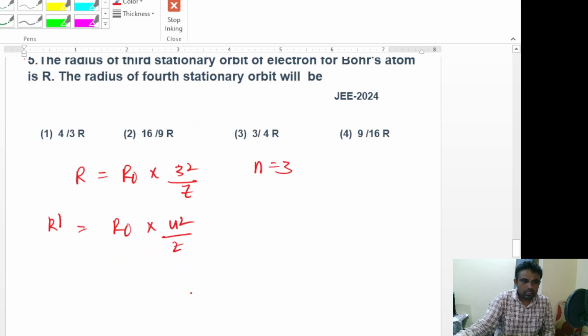So here we have to find the R dash value.